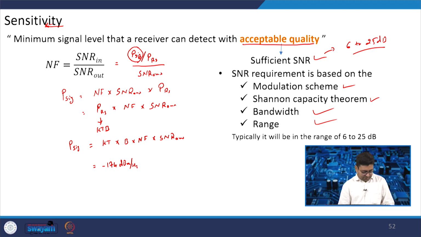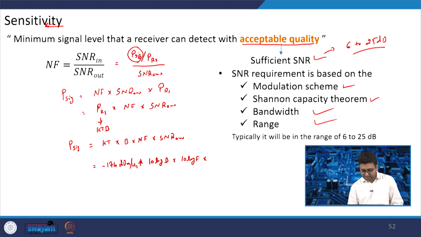This is the noise floor, minus 174 dBm per hertz, and generally it has a bandwidth, defined as 10 log B, multiplied, then you have the noise figure 10 log F, or you can also write NF, and your SNR.